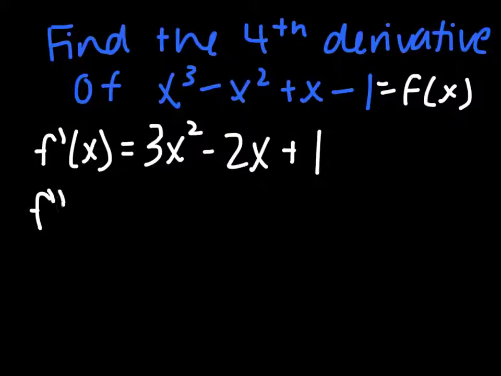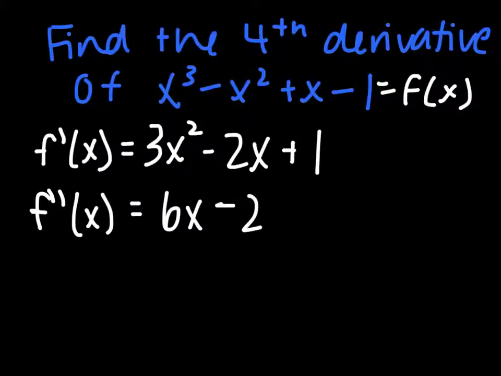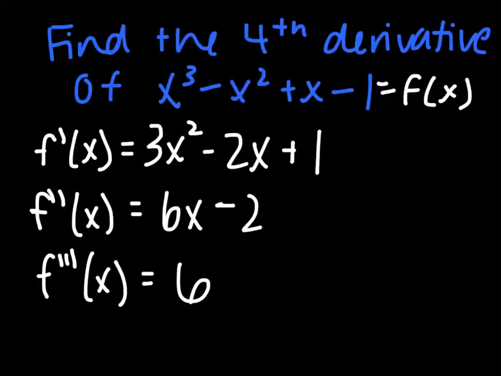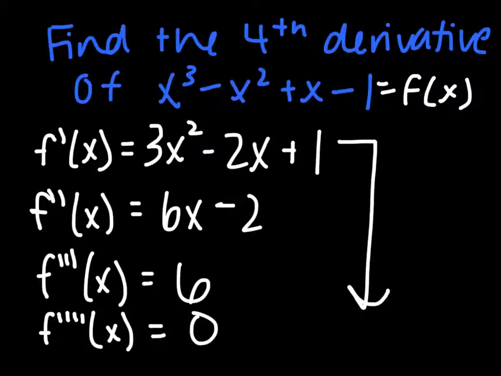Second derivative, f double prime of x, would be 6x minus 2. And then the third derivative would just be 6. And the fourth derivative would be 0. So as you see, as the order of the derivatives gets higher, f to the n of x approaches 0.